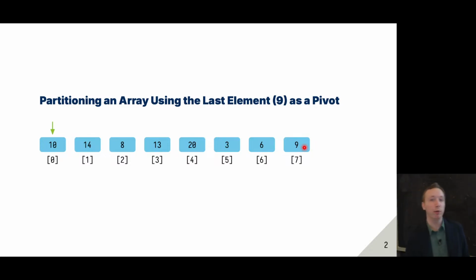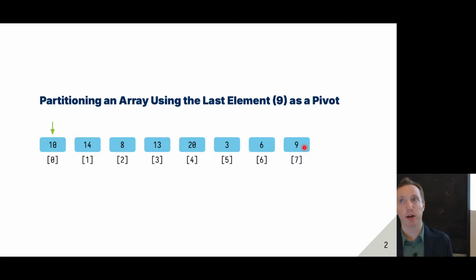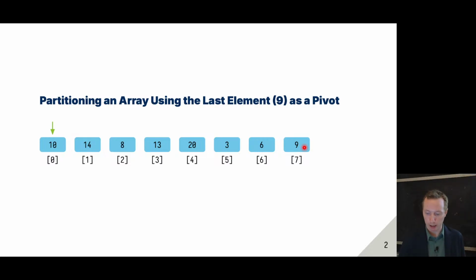So we want to move it somewhere in this array and swap any values we need to, such that everything to the left of 9 is less than 9, and everything greater than 9 is to the right of 9. So we want to get all the numbers smaller than 9 somewhere to the left, all of the numbers larger than 9 to the right, and then we want to place 9 wherever it goes.